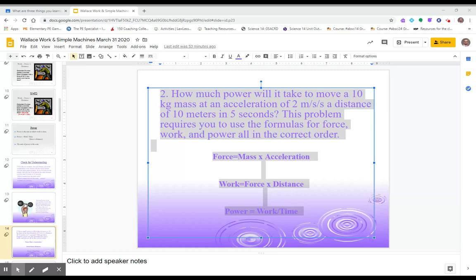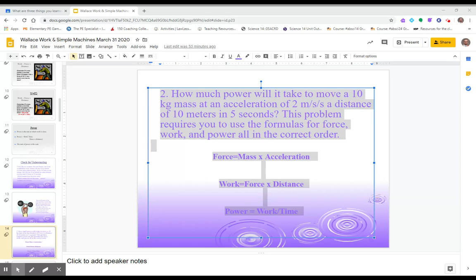My acceleration is 2 meters per second squared. And then I'll just do it underneath here. That is a distance, I need to make sure I have that right. A distance of 10 meters. And then my time is next, which is 5 seconds. So t is 5 seconds.